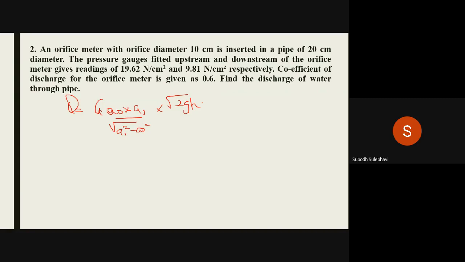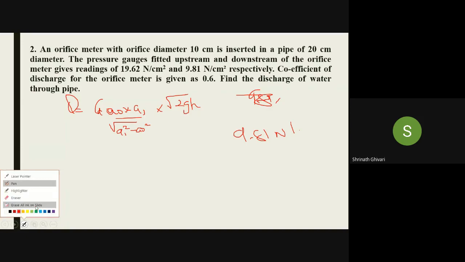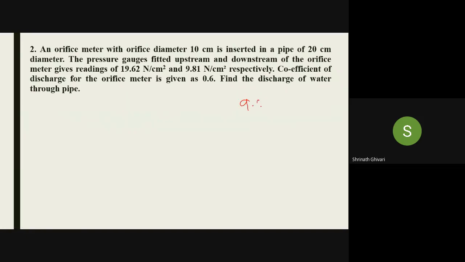9.81, no, see here, listen. 9.81 meter per second square is the unit, it is the acceleration due to gravity G. But as we have taken everything in terms of centimeter, this will be 981 centimeter per second square.